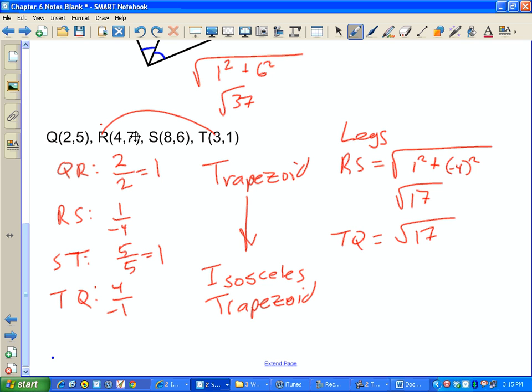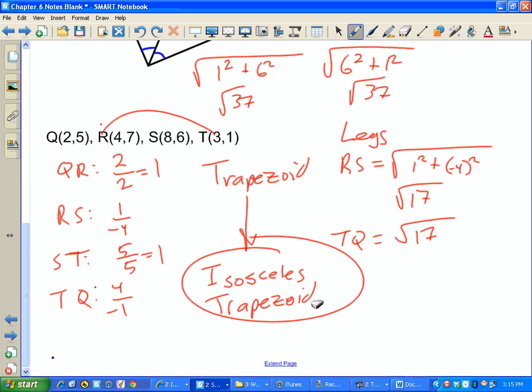Let's do RT. 7 minus 1 is 6, and 4 minus 3 is 1. So I get 36 plus 1 again, square root of 37. So my diagonals would have been congruent too, and that would have also led me to isosceles trapezoid. So that's what this shape is.